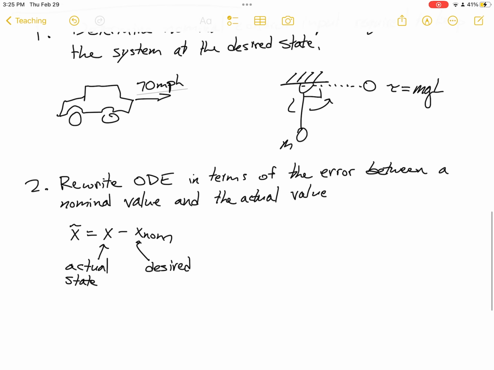And when we plug this equation into our equation of motion, we usually rearrange it so that x tilde plus x nominal is equal to x. We'll show an example in a later video.